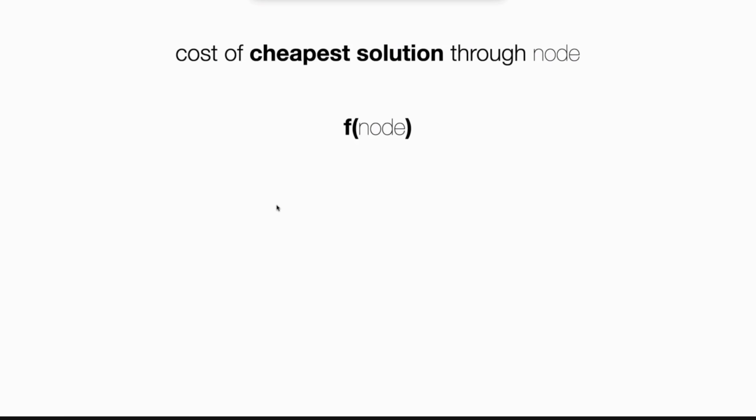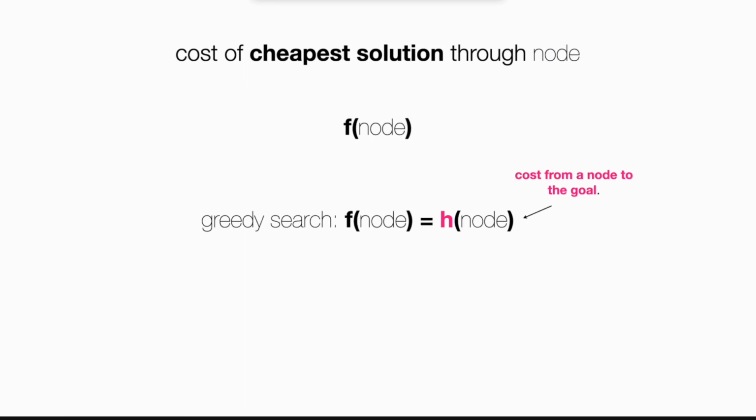So the heuristic just looked at one part of the solution, which went from the current node to the end. Now we're going to look at a function that describes the whole path. And so we're going to look at an estimate of the cheapest solution that passes through the node. And we're going to represent that as F.